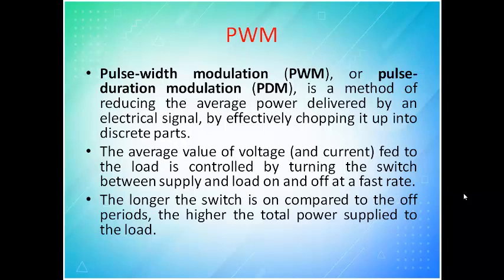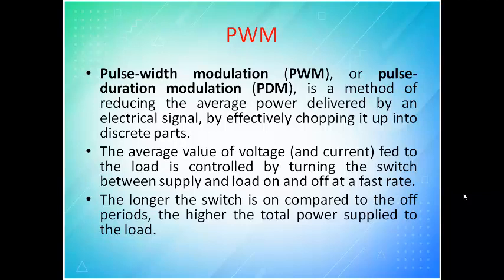The average value of voltage fed to the load is controlled by turning the switch between the supply and the load on and off at a faster rate. This is the highlighting point. When you incorporate the PWM technique, the average value of voltage fed to the load is controlled by turning the switch on and off at a very fast rate.